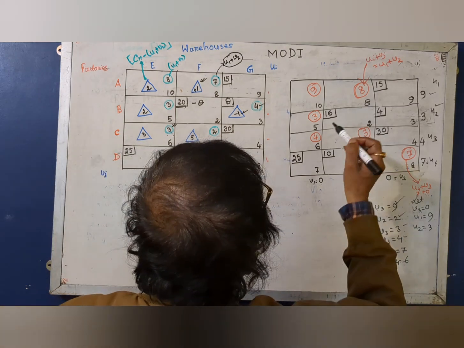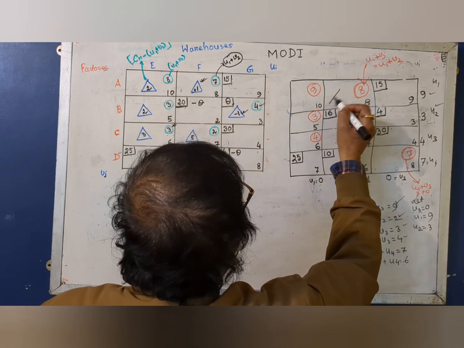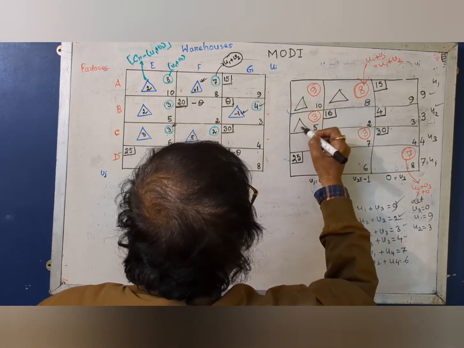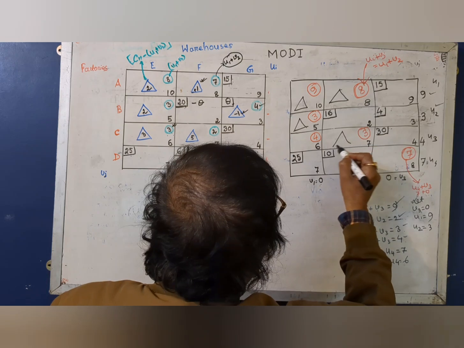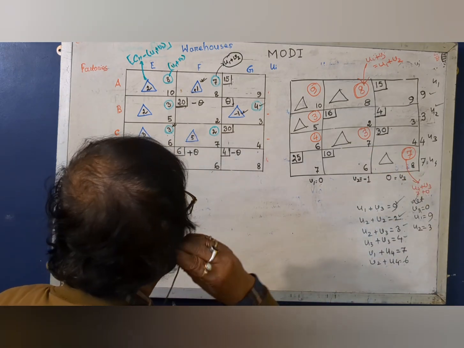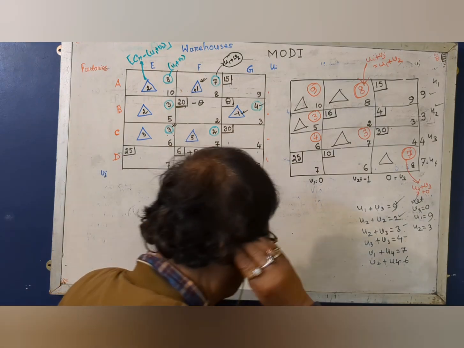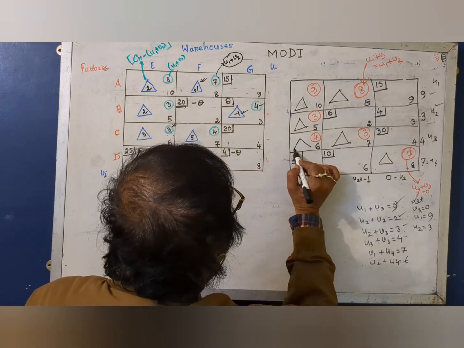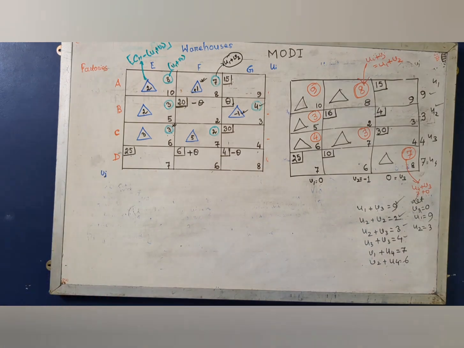Now, finally, you have to find the value of the triangle. Triangle means for the non-basic cells, and the value of the triangles must be positive or 0 for optimum values.